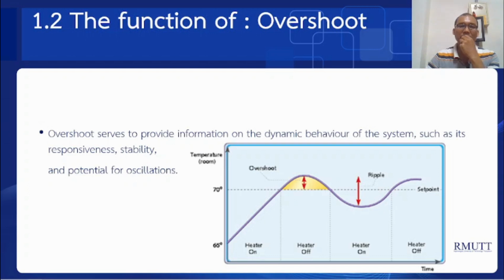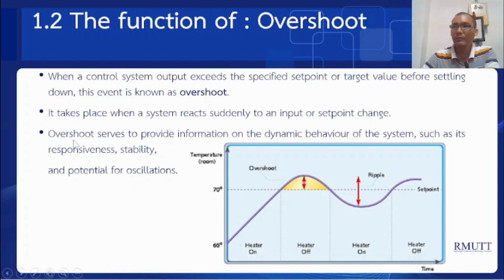The next variable is overshoot. When a control system output exceeds the specified set point or target value before settling down, this event is known as overshoot. So here, this is the overshoot.